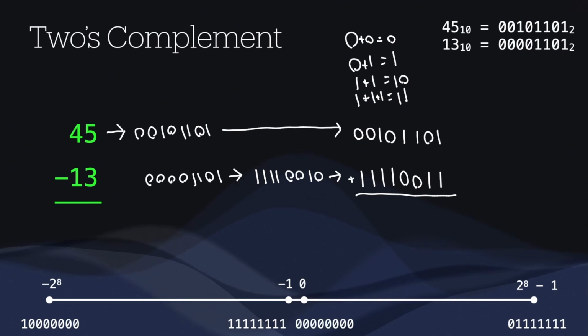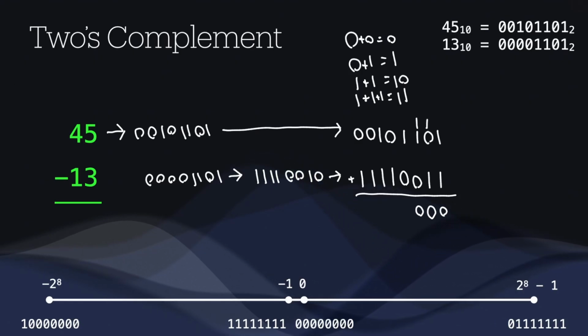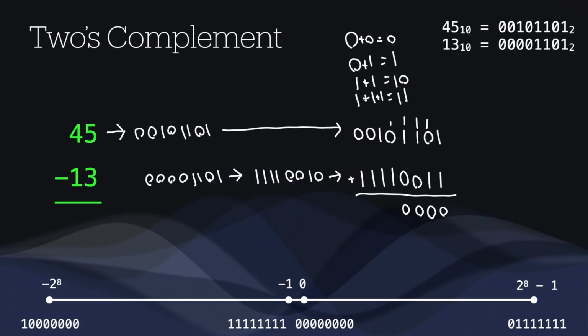So let's add these. 1 plus 1, that's going to be 2. Carry the 1. 1 plus 1, 2. Carry the 1. 1 plus 1, 2. Carry the 1. 1 plus 1, 2.